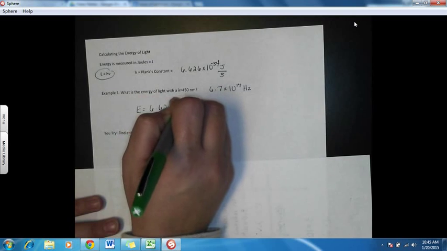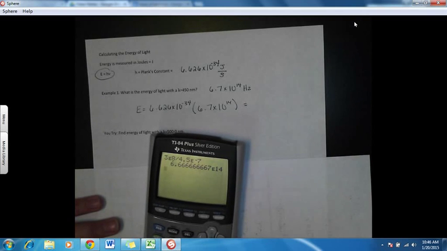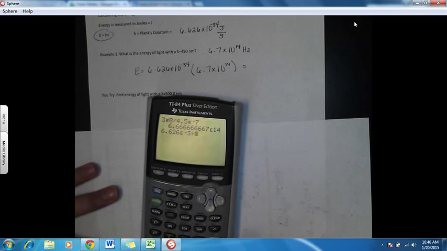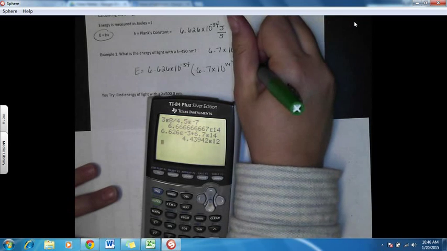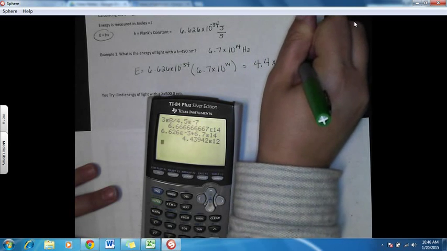And so we calculate our energy by taking our Planck's constant times our frequency, and we'll get the number of joules for our energy. And we get 4.4 times 10 to the 12th joules.